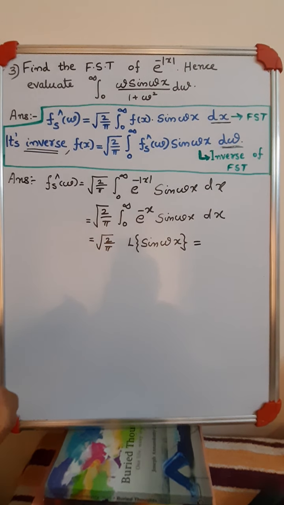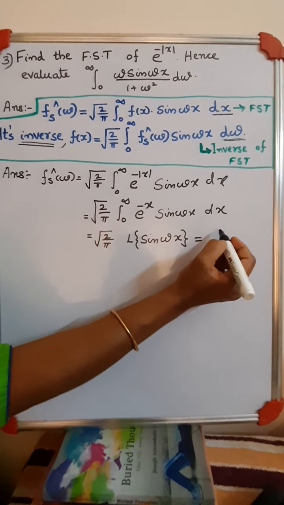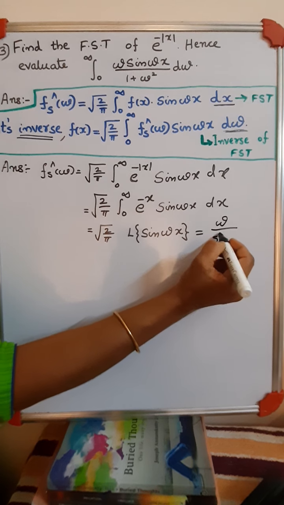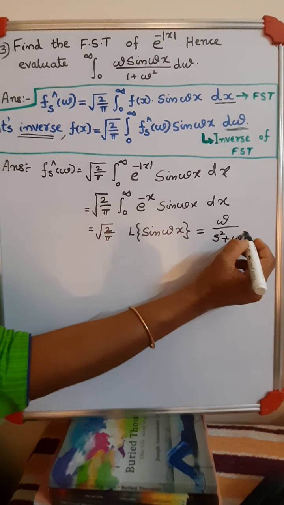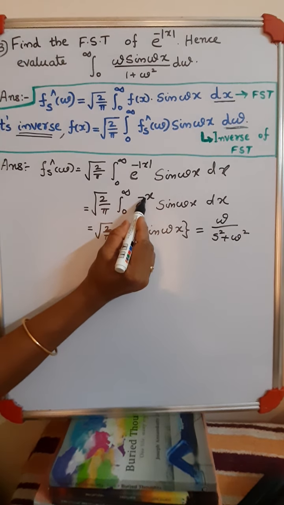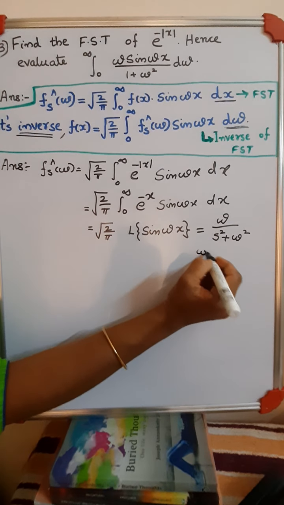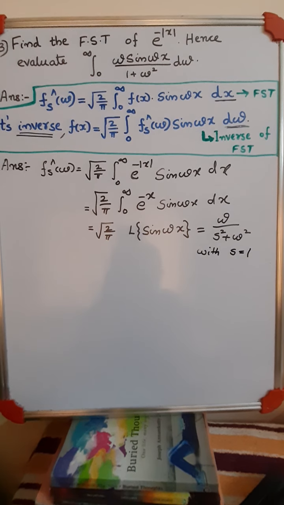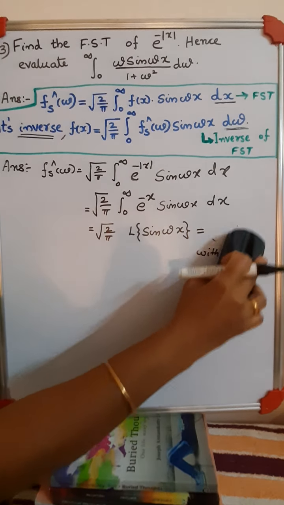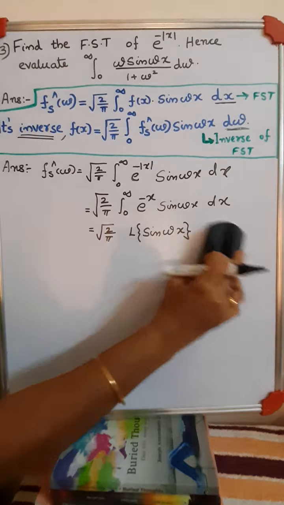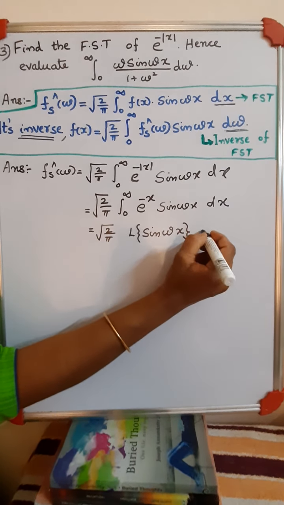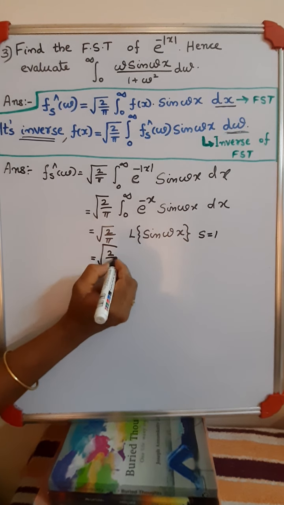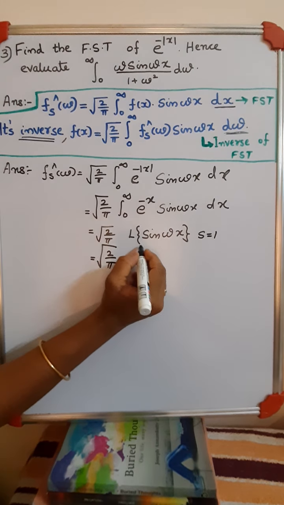What is Laplace transform of sine omega x? Formula is omega divided by s square plus omega square. Now what is the value of s here? With s equal to 1. So that is equal to root of 2 by pi Laplace transform of sine omega x.